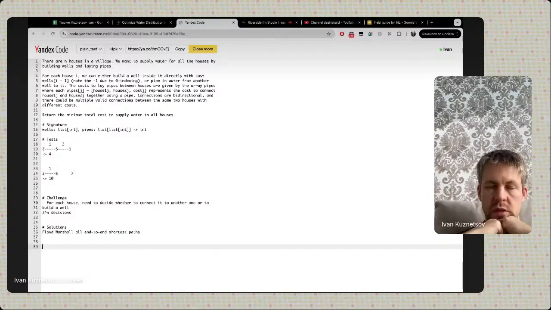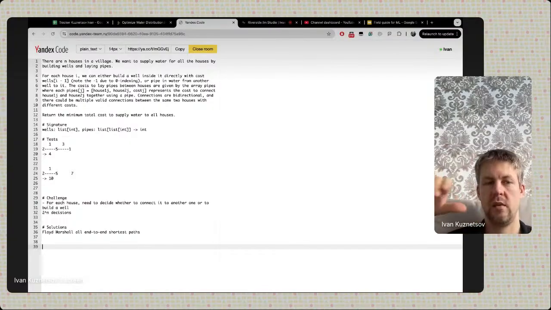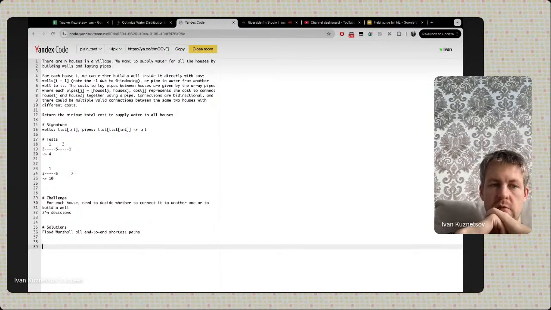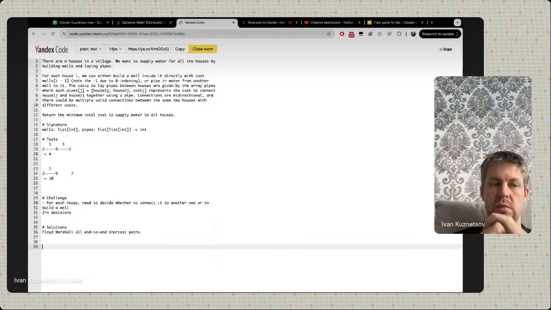We can figure out the cheapest price, but I was thinking that we start with the diagonal not of zeros, but of whatever it costs to build a well here. But I guess not. So let's say we run the Floyd-Warshall algorithm on top of our pipes, and we now have between any two houses that can possibly have pipes between them, the cost to connect these two houses.